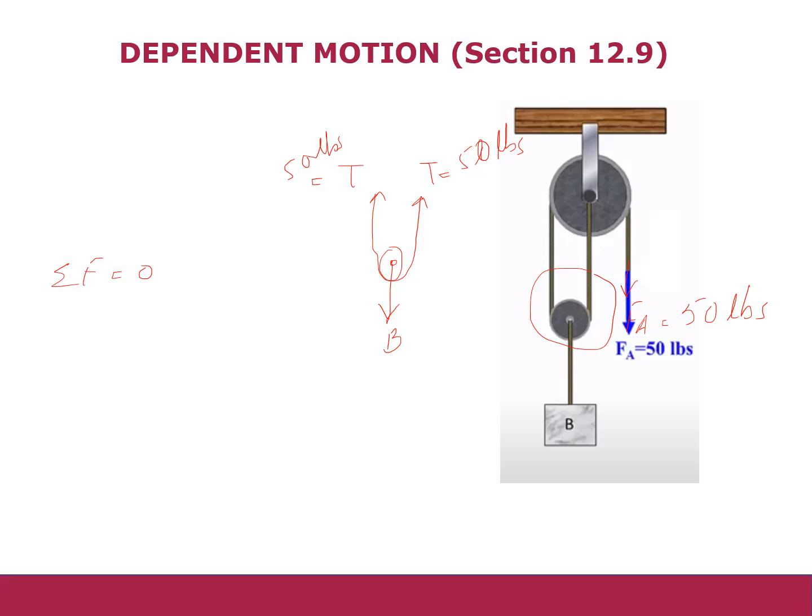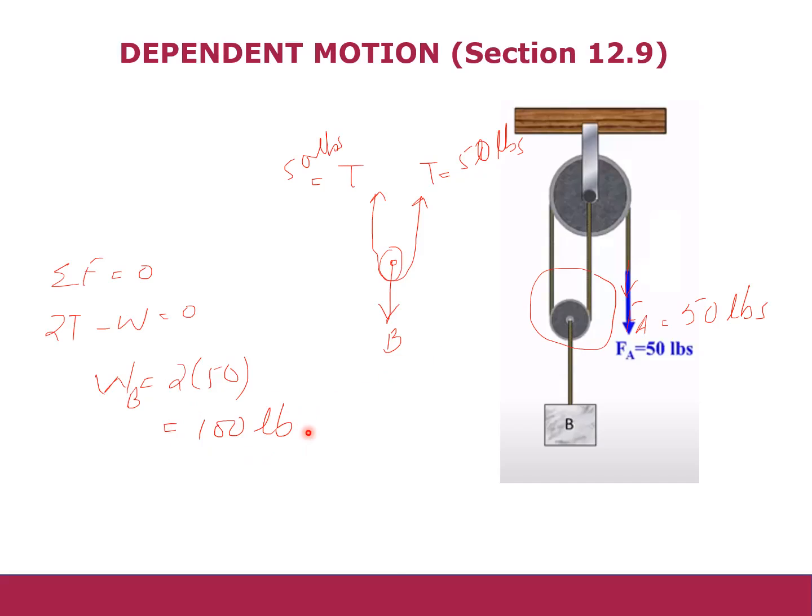So by applying the equation, sum of F is equal to 0, you can calculate the weight. So this will be 2T minus W is equal to 0, and you will get the weight of B by 2 times 50, which is 100.